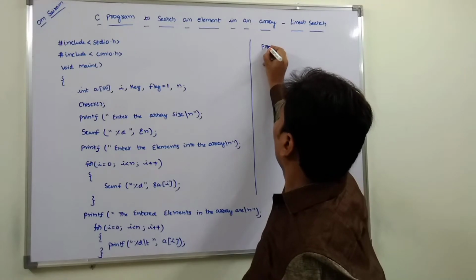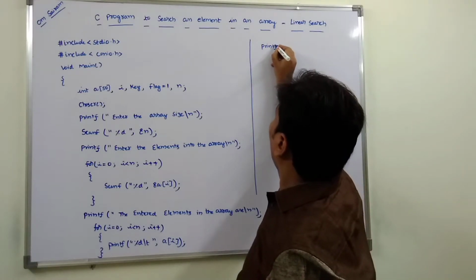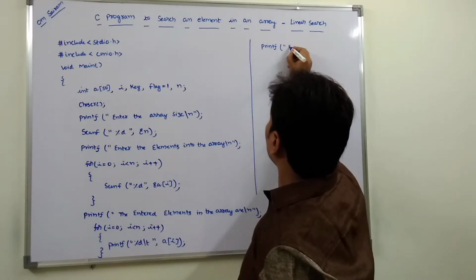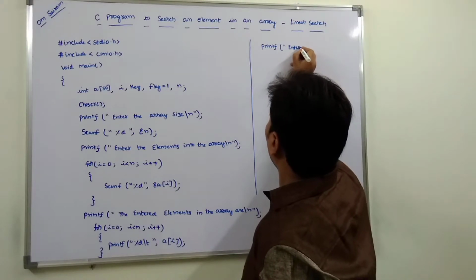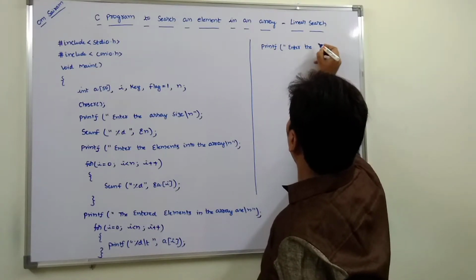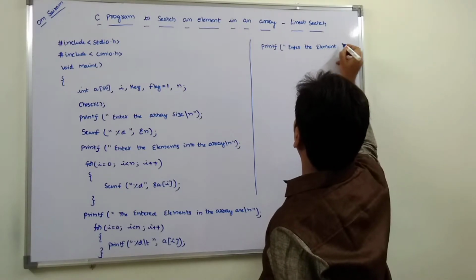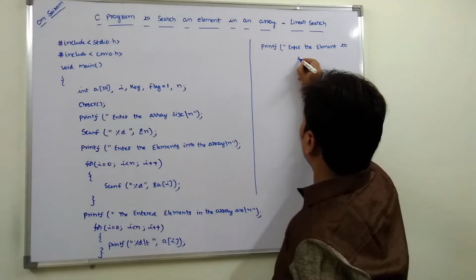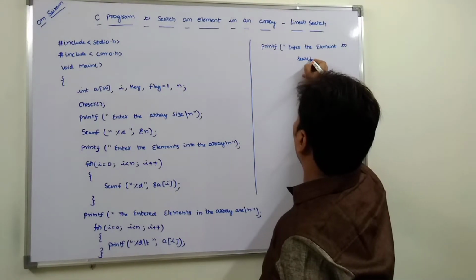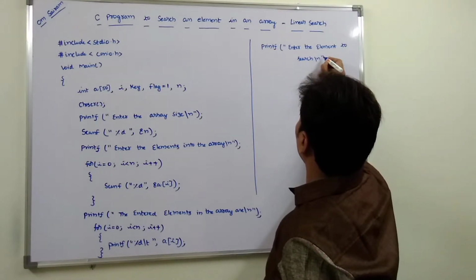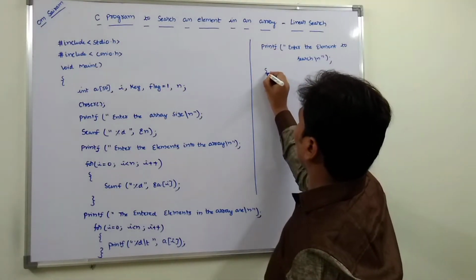Okay. Next, printf, "Enter the element to search\n", parenthesis close, semicolon.